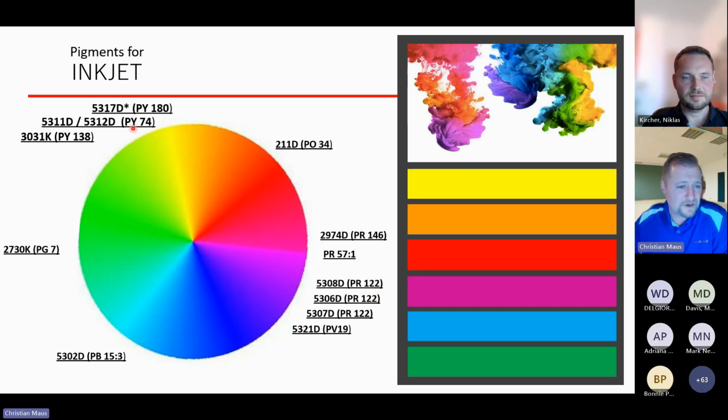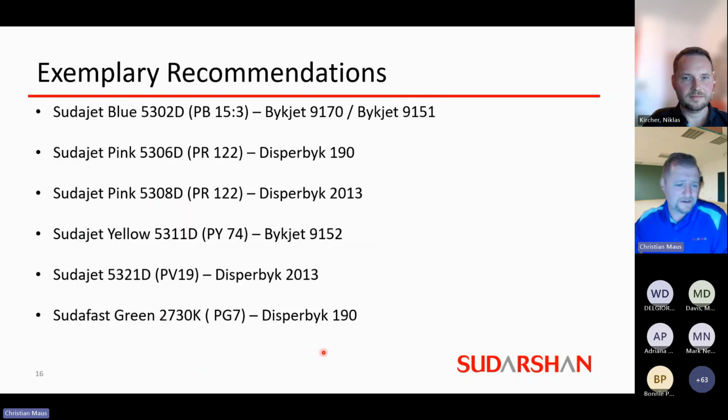Then we have yellow 74 as a yellow, 15:3 blue, green 7. This is all available. And also, as we are here with BYK, we can give some dedicated recommendations utilizing their dispersants. That is done exemplarily on the next slide.